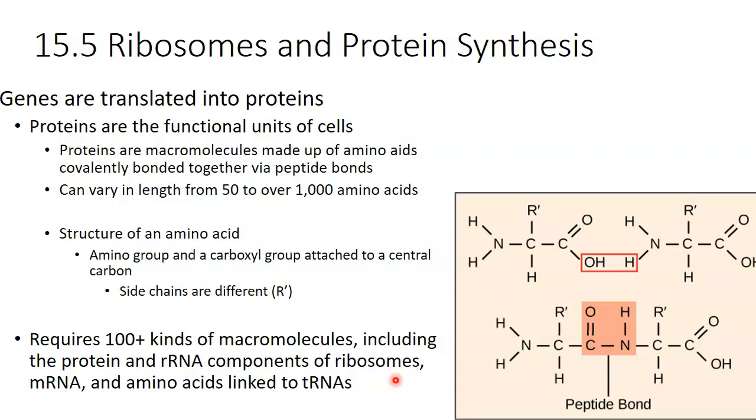It's going to require a whole bunch of different proteins. It's going to require rRNA and components of ribosomes. It's going to involve mRNA and amino acids that'll be linked to tRNAs. I'm going to give you kind of the simplified version, but again, I want you to remember that there's over 100 kinds of different molecules that are actually involved here.